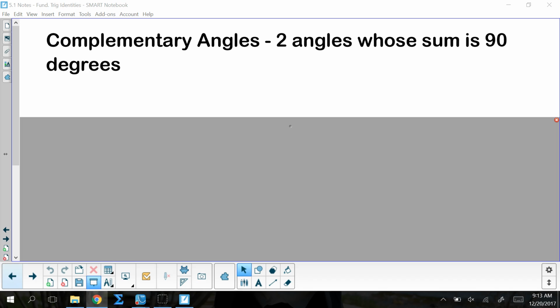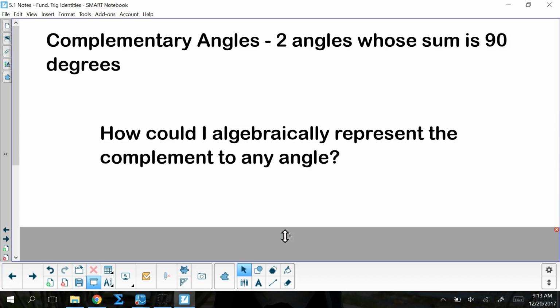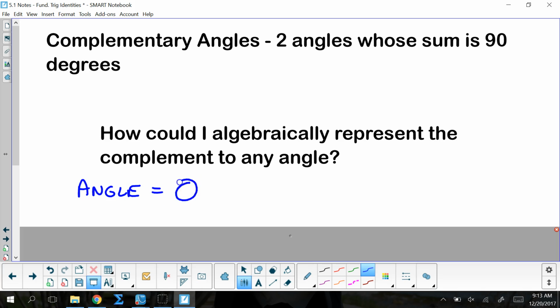So, my question to you is this. If I say that my angle is theta, how can I represent numerically my complement to theta?